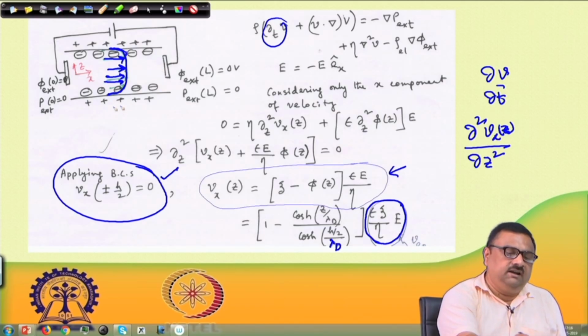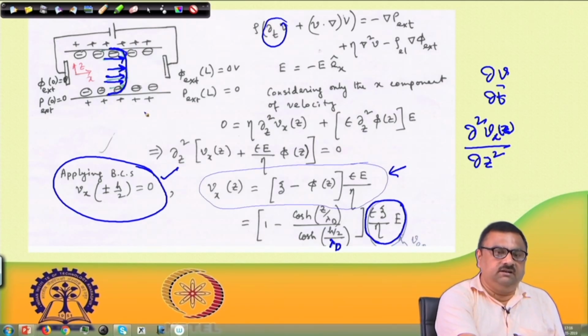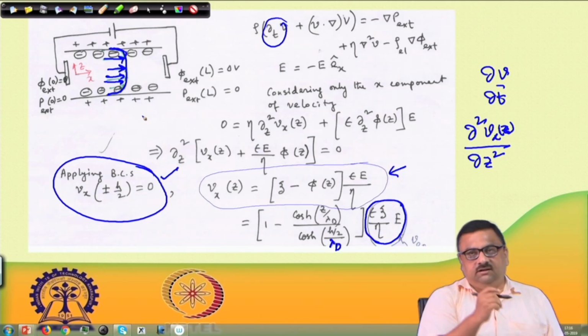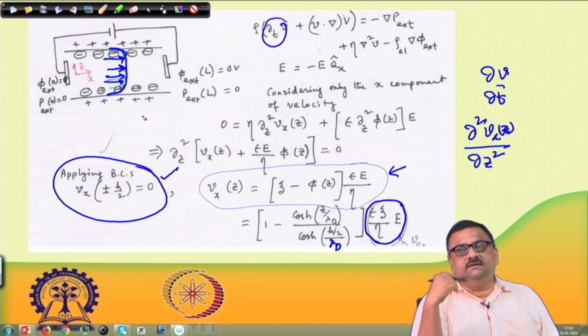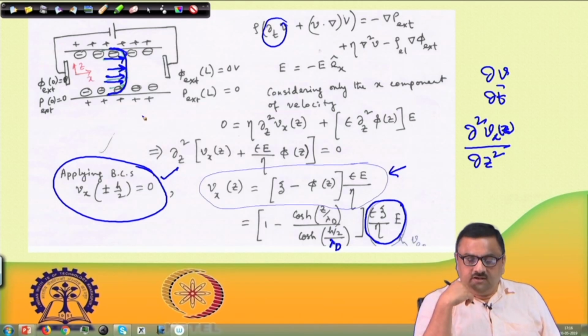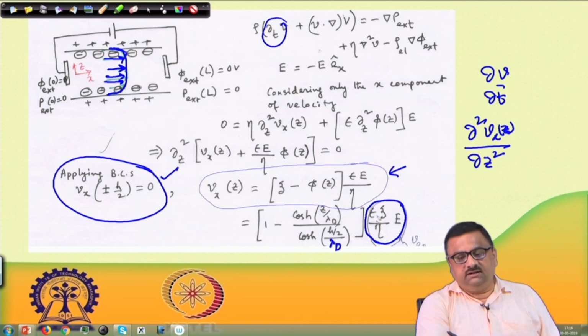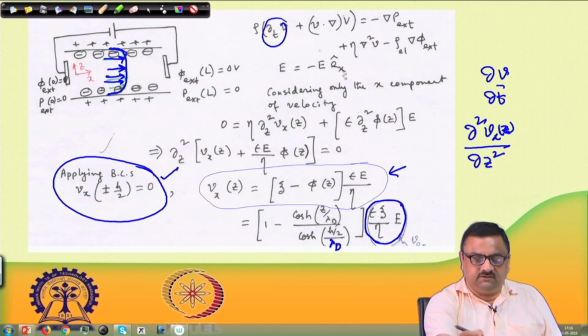If the length of this channel is 1 centimeter and you have applied 10 kilovolt, then the magnitude of E would be 10 kilovolt divided by 1 centimeter, because the unit of E is volt per centimeter. And eta here is the viscosity.